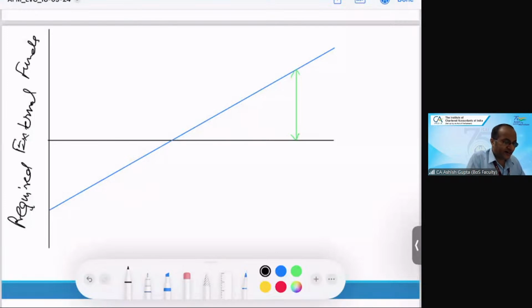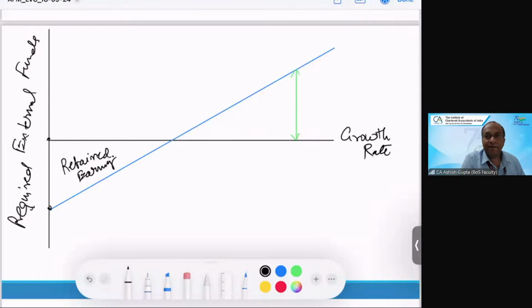This is required external funds. On the sideline, I have written required external funds. This is the growth rate. This portion is retained earning. Now students, please see here.